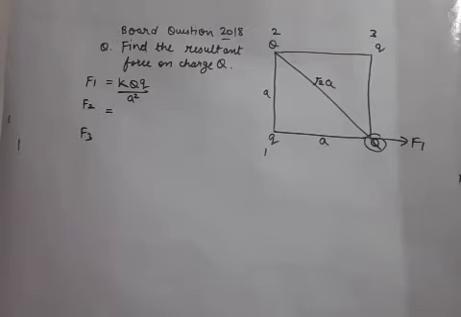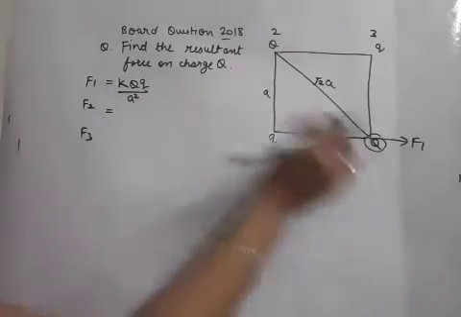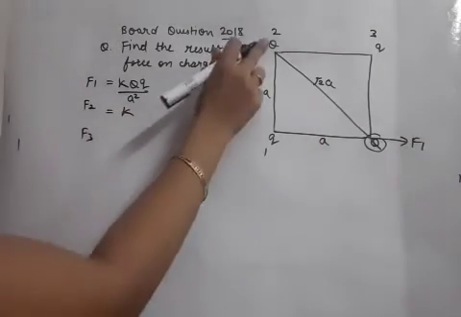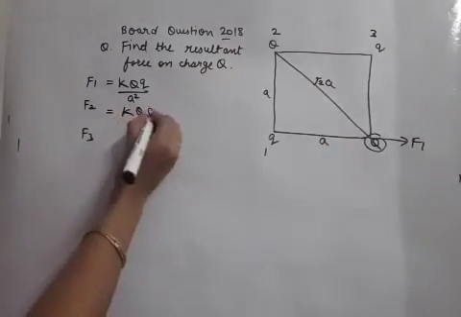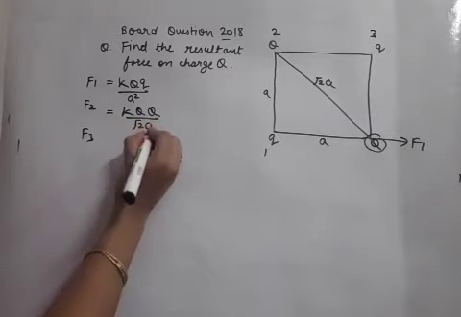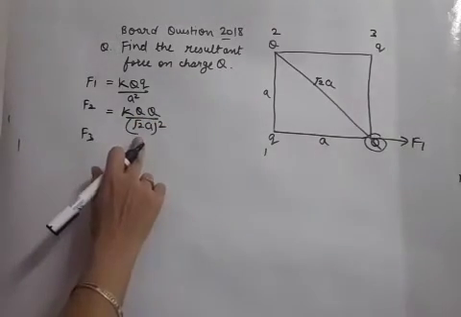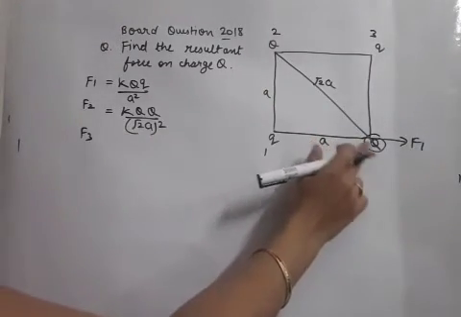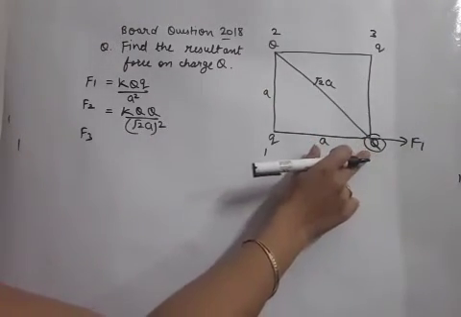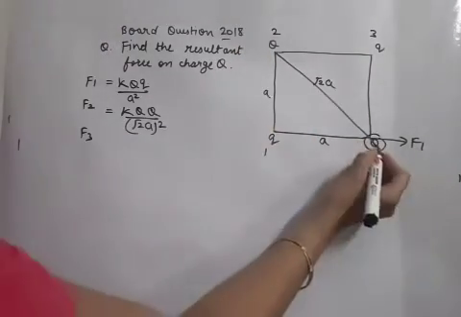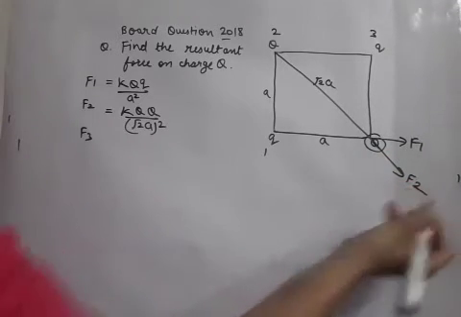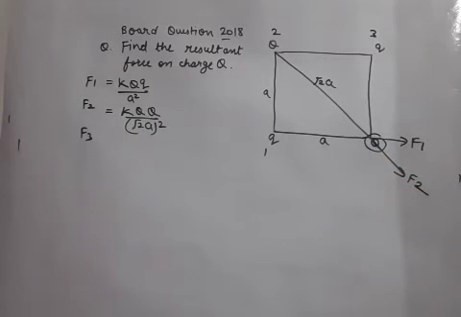So the distance we have calculated. So force is K QQ upon distance square, and root 2A distance is taken here. Direction of F2: where will this charge move due to this charge? Again it will repel. So F2 direction is away.